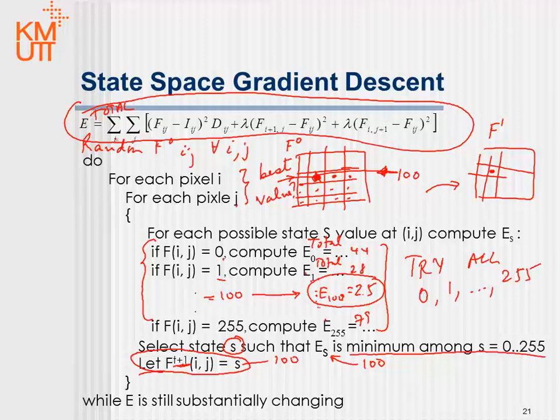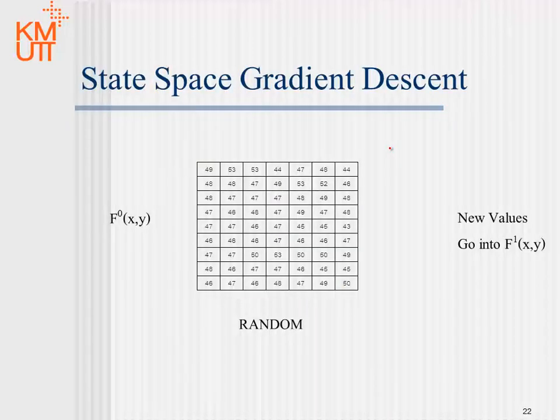So each time you compute energy, you have to compute the total thing. But that's not very smart. Let me show you why you don't need to compute the total thing. But right now, before we get there, this is what I explained earlier. This is your random F0 ij's, so sort of random initially.